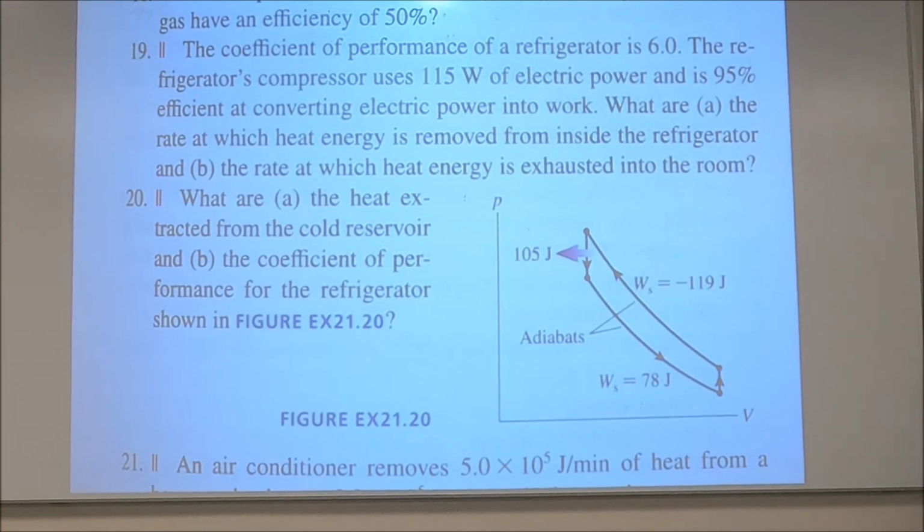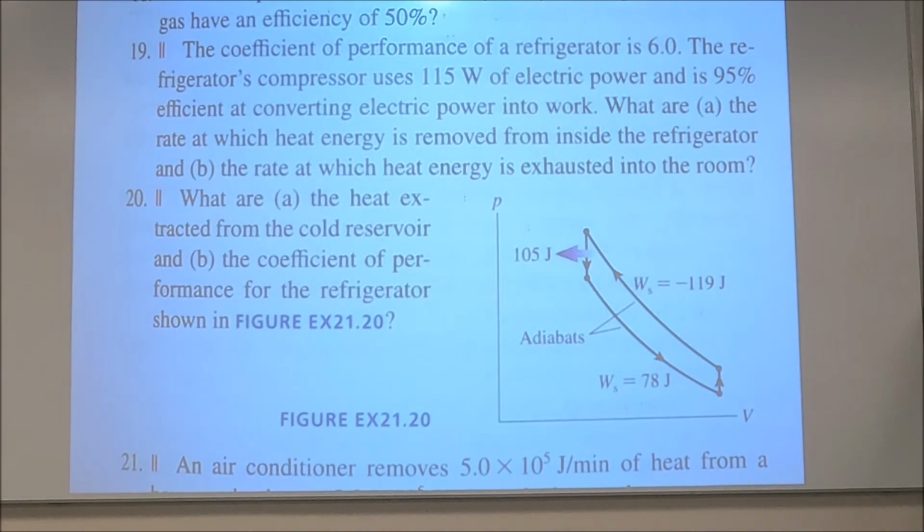So if we look at problem 20 there, we've got QH is 105 joules. Work in is going to be minus 119 joules plus 78 joules because it's cyclic. So that's 41 joules. The negative sign there is telling you that it's work going in.